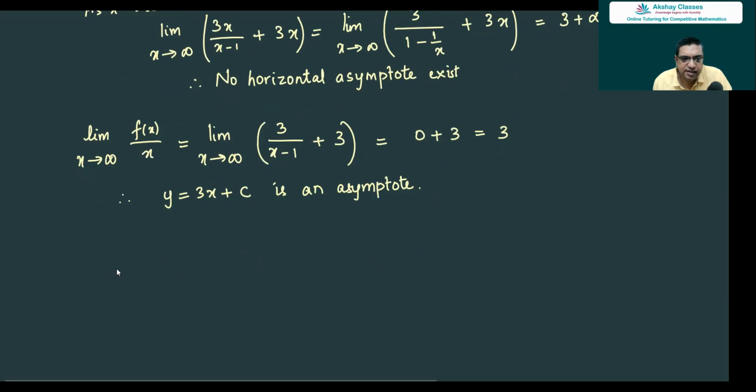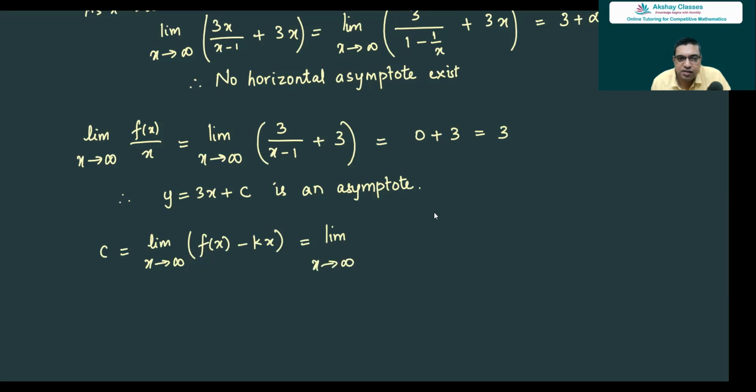Now how to find c? To find c, we have to do c is limit x tends to infinity, f of x minus kx. So f of x minus 3x in this case. f of x is 3x by x minus 1 plus 3x, minus kx. kx is 3x, so this cancels.